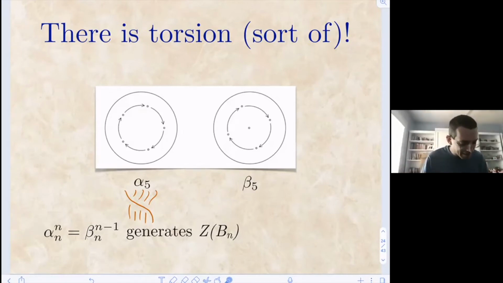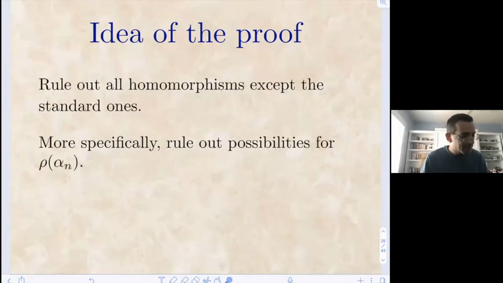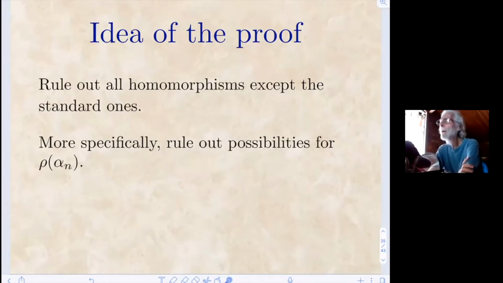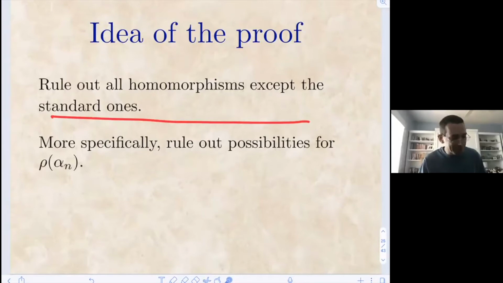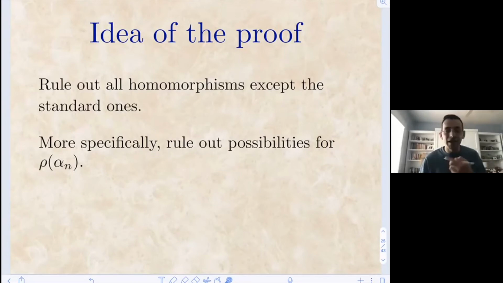I think I say something like this on the next slide. Yeah. So those are the elements. Let me say a little bit about the idea. So again, the way you show that every homomorphism is standard is to rule out everything else. Okay. And we want to rule out where can rho of alpha n go, and show that there's only a few possibilities. So that's that rotation.